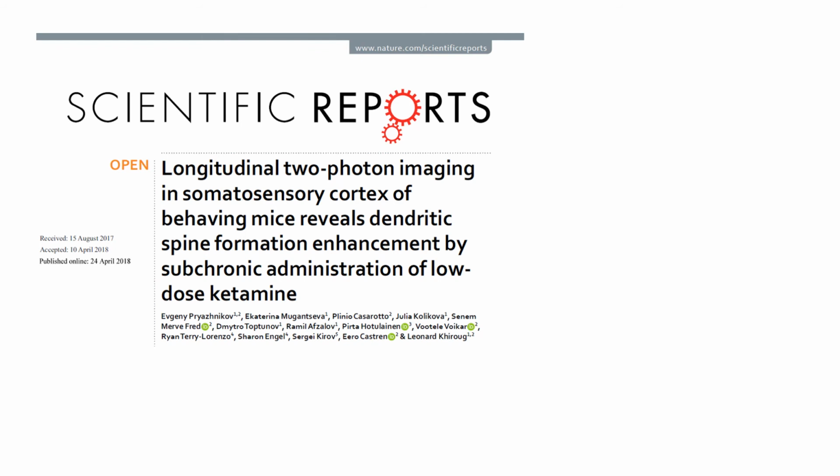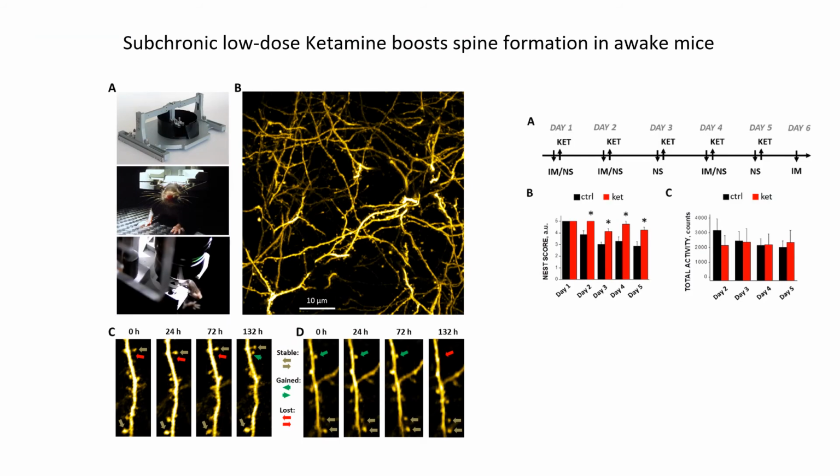So in this study, which was done in collaboration with Eero Castren's group here in Helsinki and Sergei Kirov's group in Augusta, Georgia, we imaged dendritic spines at several time points, and then we treated a group of mice with saline without ketamine, and another group of mice with a ketamine solution.